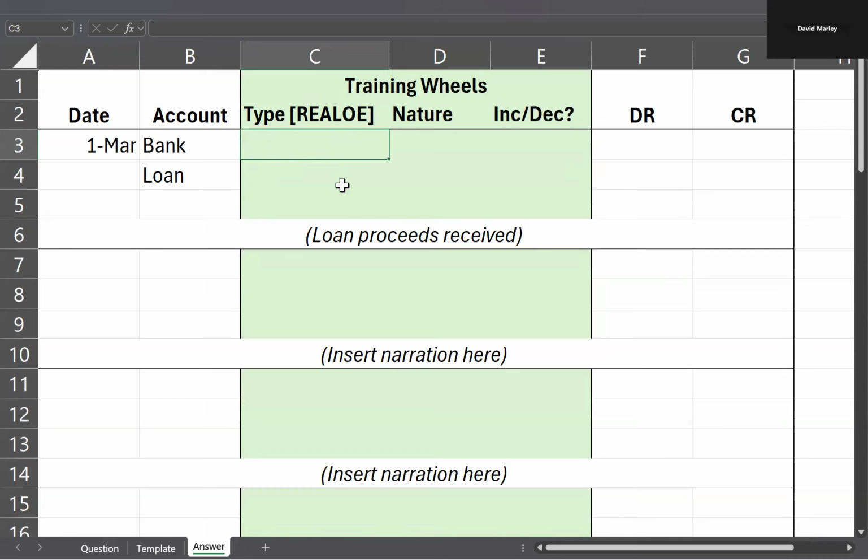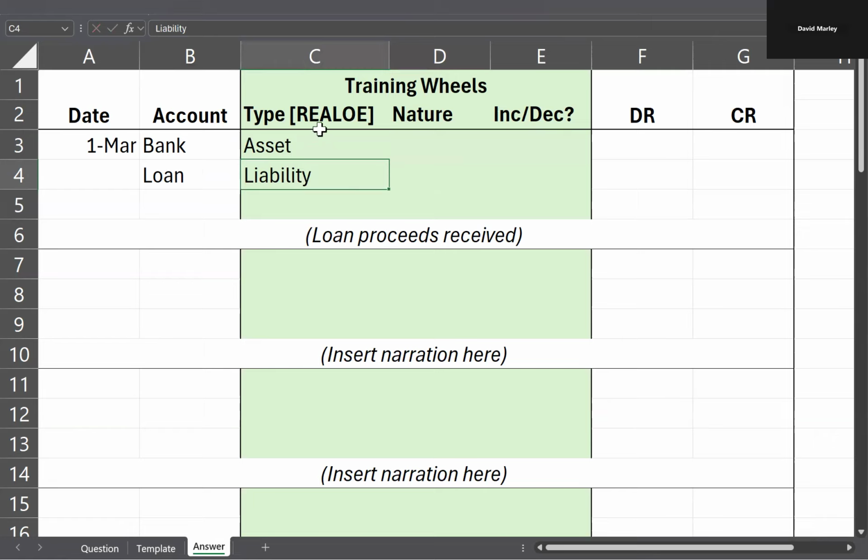So expand out your RIELO table, put your definitions into it, go to chapter 1 of the book to find the definitions if you're not confident on those, or even just look for examples somewhere in chapters 1 through 4, you'll be able to see what the accounts are. In this case, this is an asset, something that we own, whereas a loan is something that we owe. So it's the opposite of an asset, liability.